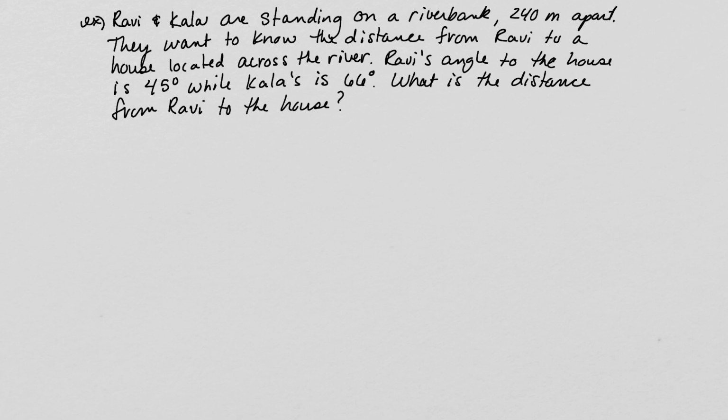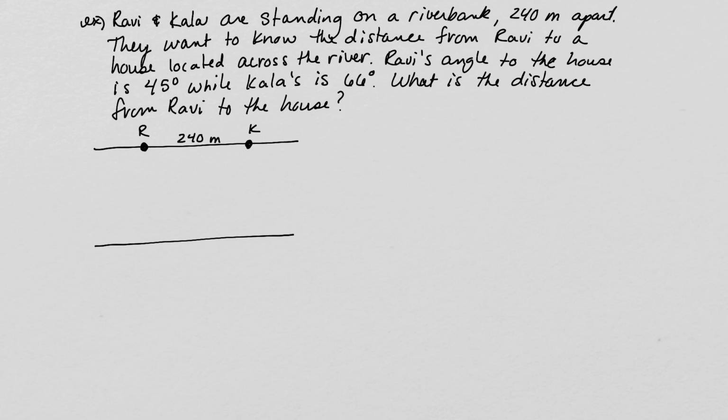I think I said this last time, right? The worst thing about doing word problems online is all the writing of the problem. So if we draw a picture, we'll say this point here is Ravi and this point here is Kala. They're standing on a riverbank, 240 meters apart. So this right here is 240 meters.